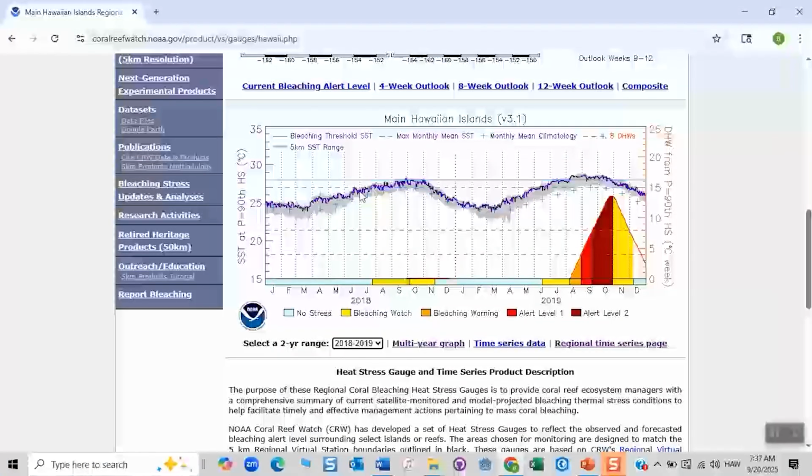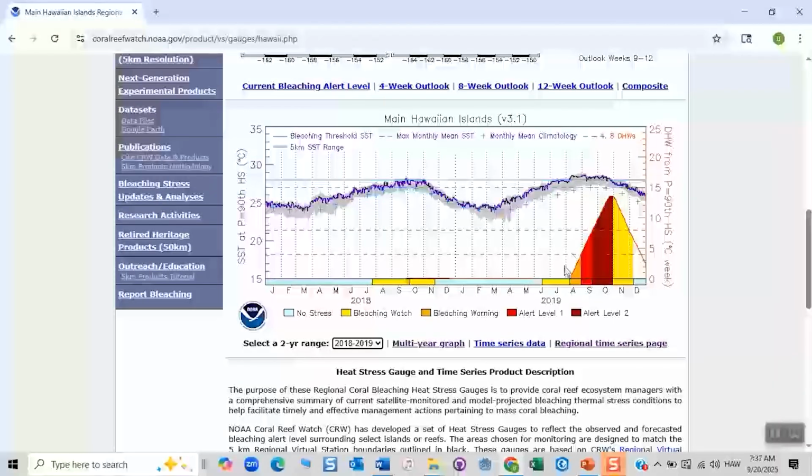You'll see our temperatures start to spike here in 2018. It peaks over the top for just a little blip over that 27 or 28 degree Celsius mark, which is our bleaching threshold for sea surface temperature. It comes back down, and then it spikes back up again here in 2019. And this is where we had our mortality event.